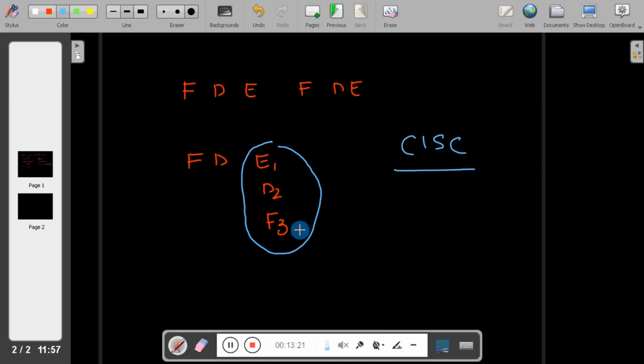So you cannot guarantee that all the instructions will be fetched in one cycle. It may take more than one cycle. That time it will affect the decoding, or sometimes execution will take more than one cycle, which will affect the fetching. That means the whole idea of pipelining will be killed here.